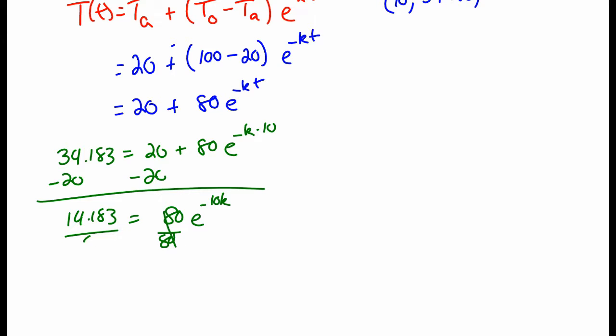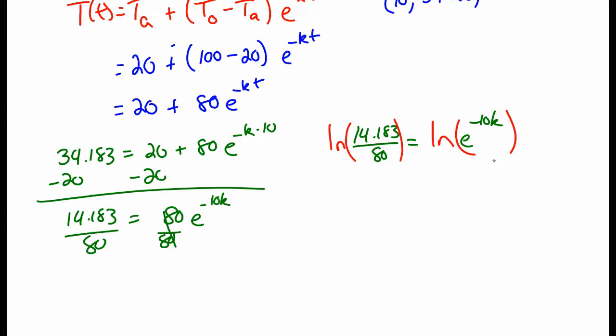Divide by 80. That's some lovely number. So we get 14.183 over 80 equals e to the negative 10k. My variable's trapped in the exponent, so I have to natural log both sides to bring it down. Do I have to natural log? No, but because the number e is involved in this, I'm going to want to use the natural log.